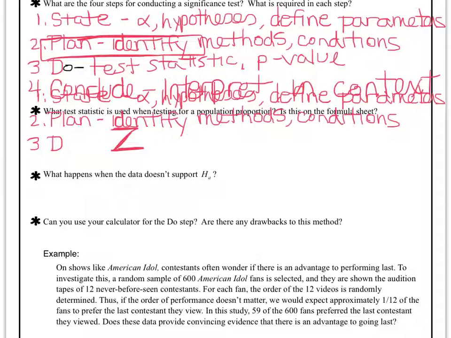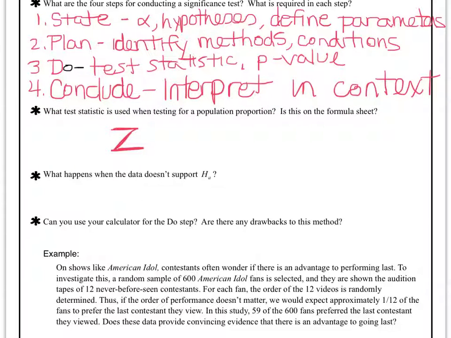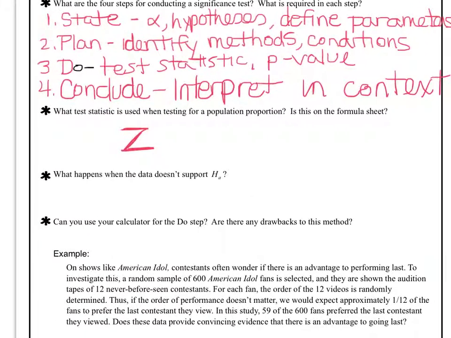I know that everybody likes a shortcut. So one thing you can do to see if there's a shortcut is look and make sure that your data supports your alternative hypothesis. So for example, let's say that we have a null where p is equal to 0.5 and an alternative where p is greater than 0.5. And we actually calculate our p-hat and we get 0.3.